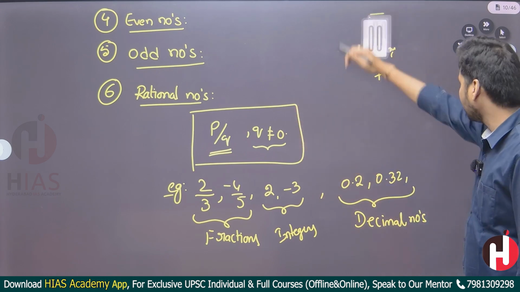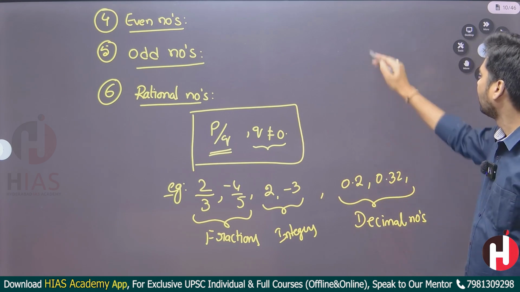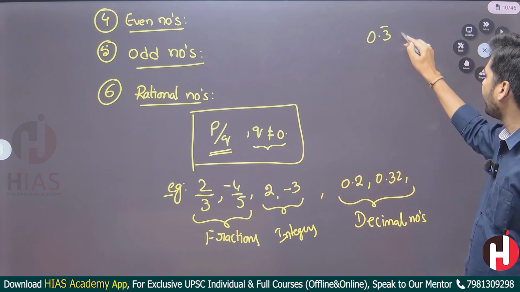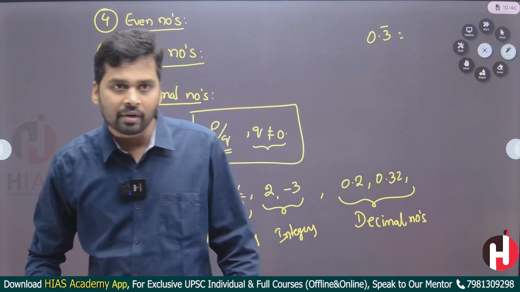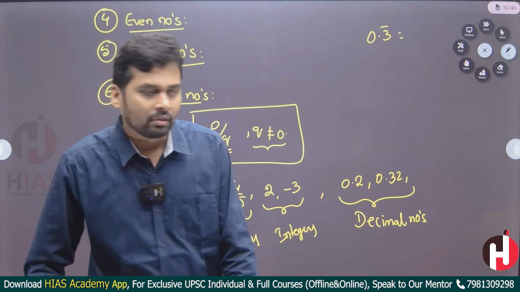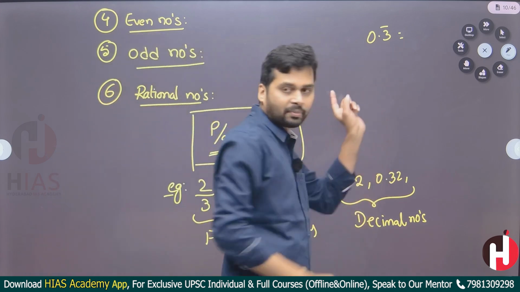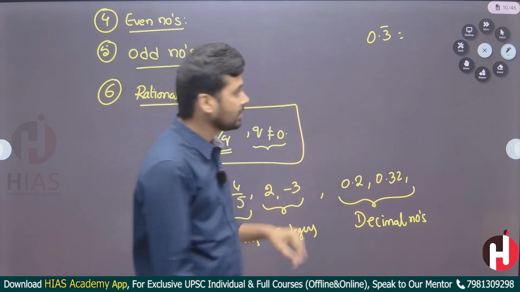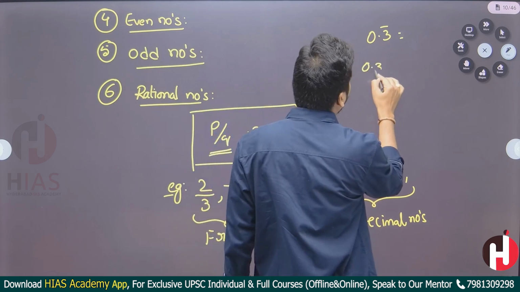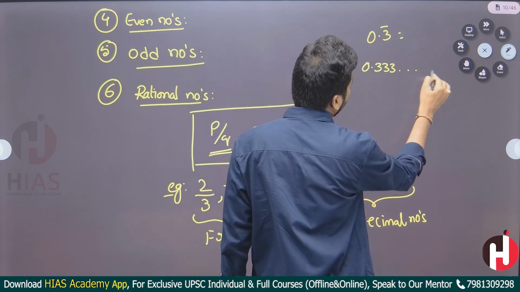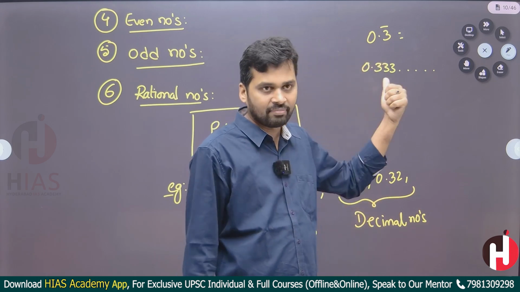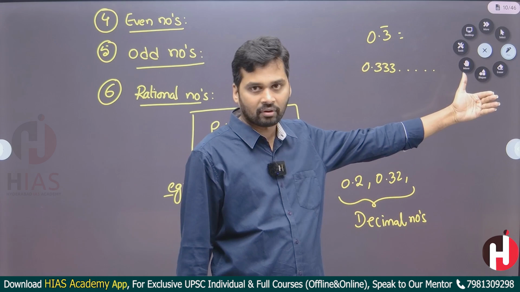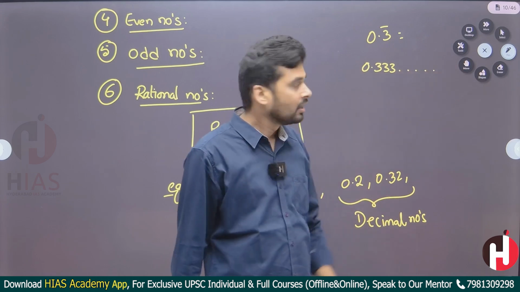And there's one more thing. Suppose I take 0.3 bar. What does this 0.3 bar mean? You know these bar numbers, right? 0.3 bar means 0.333. If a bar is there after the decimal point, it means the same digit is repeated endlessly. 0.33333.